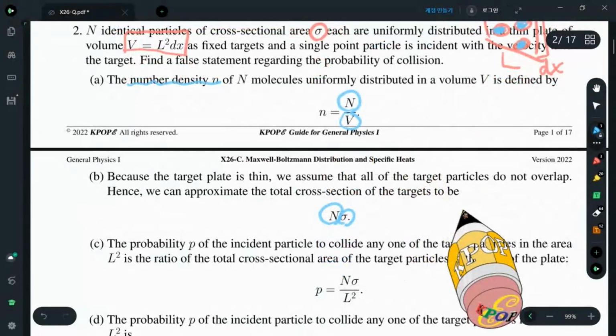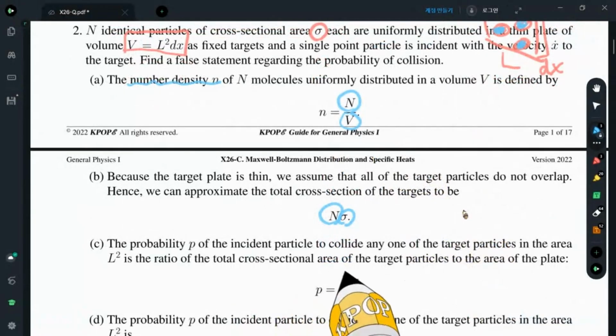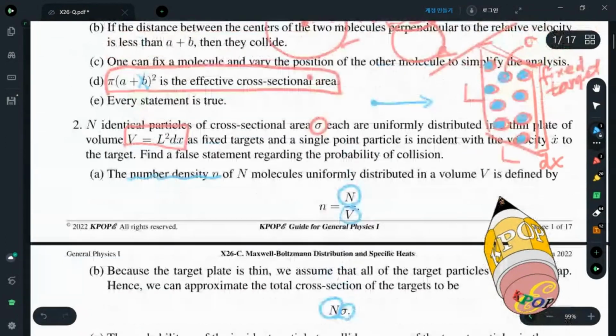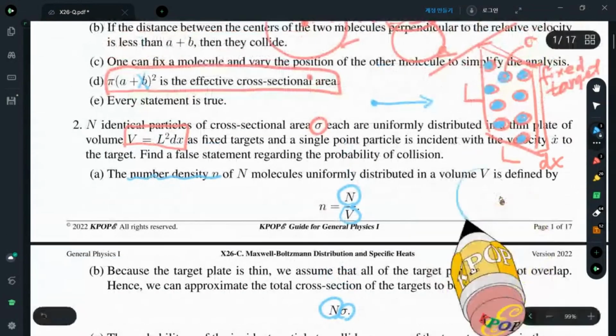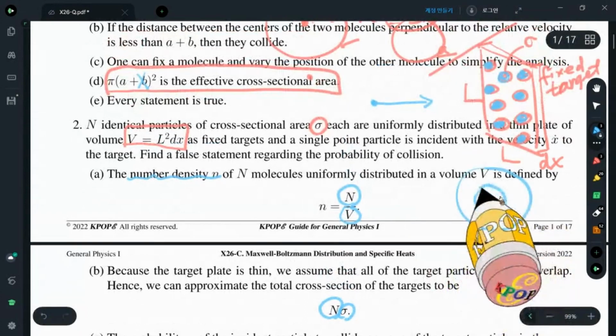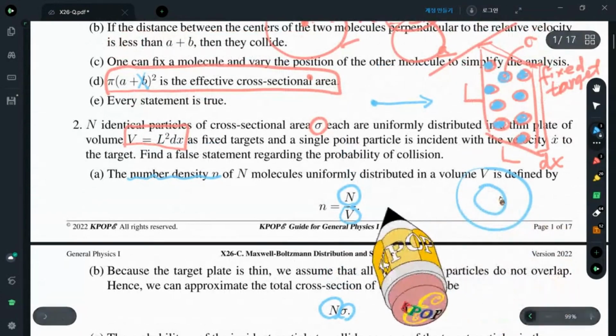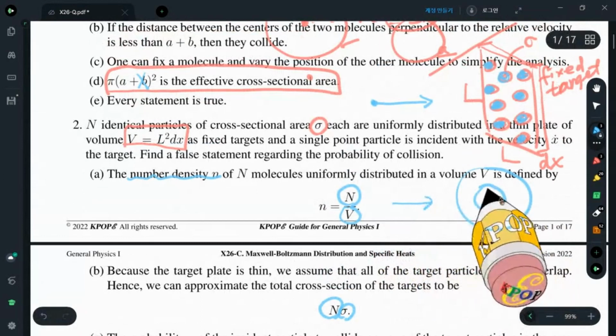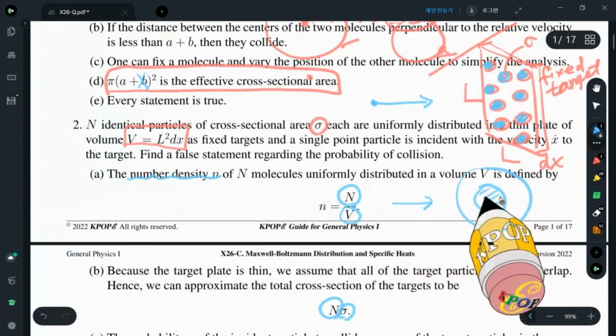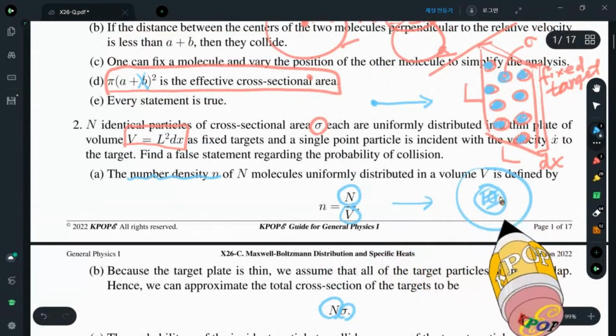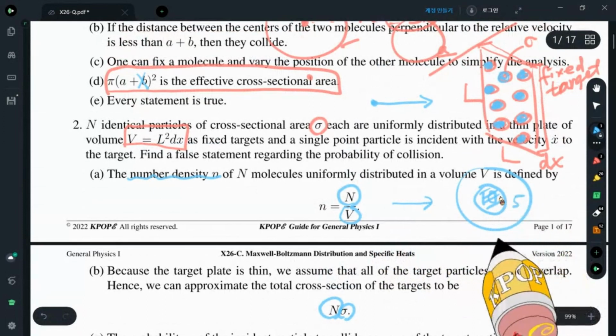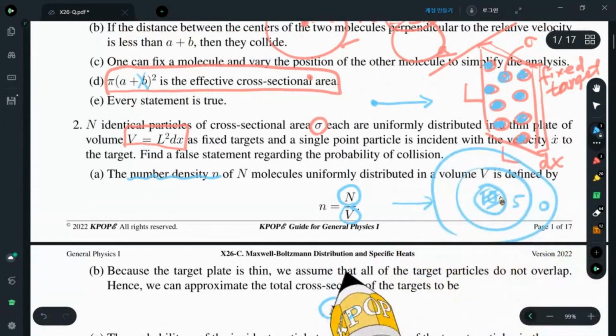The probability of colliding particles, for example, we have a target. Let me give you 10 points here, 5 points, and 0 points, for example.